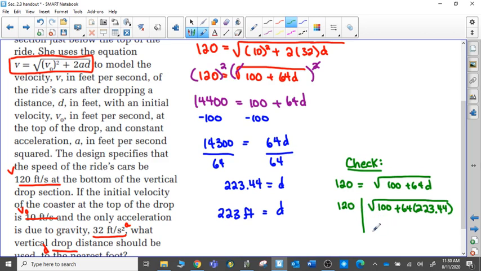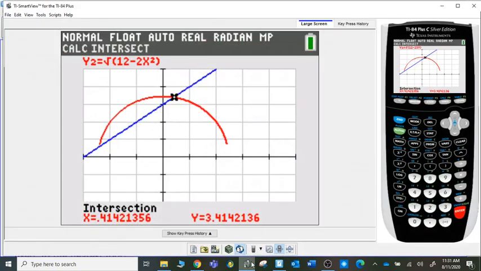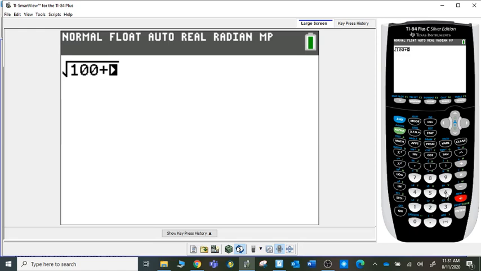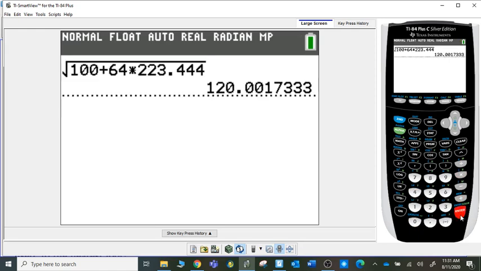But what we end up having is the square root of, now I better get my calculator out so that I can check on this. Let me just drag it out. We have the square root of 100 plus 64 times the 223.44, and that works out to be 120.00.